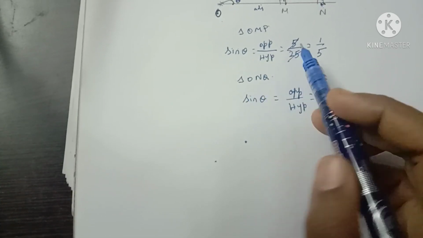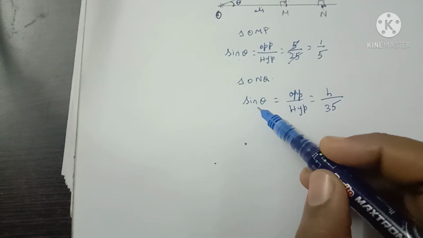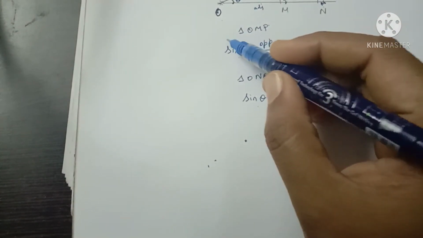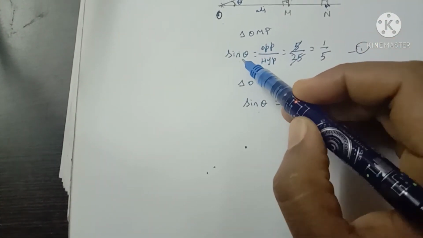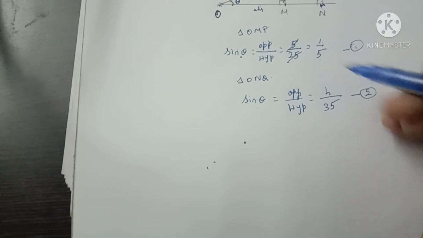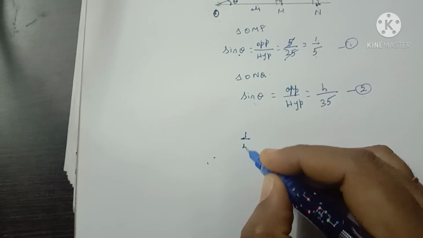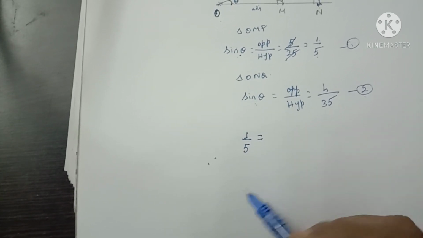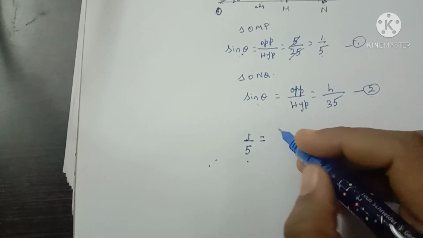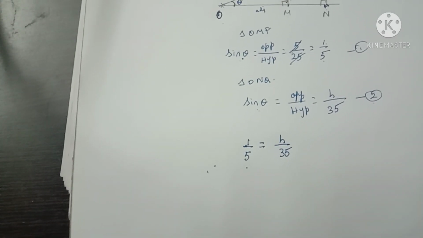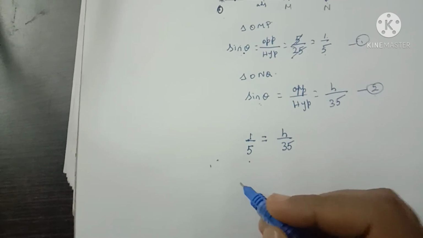Substitute the value of sin theta in equation 2. Here in the first one we get the sin theta value is equal to 1 by 5. Therefore in the place of sin theta, substitute the value 1 by 5 is equal to h by 35.